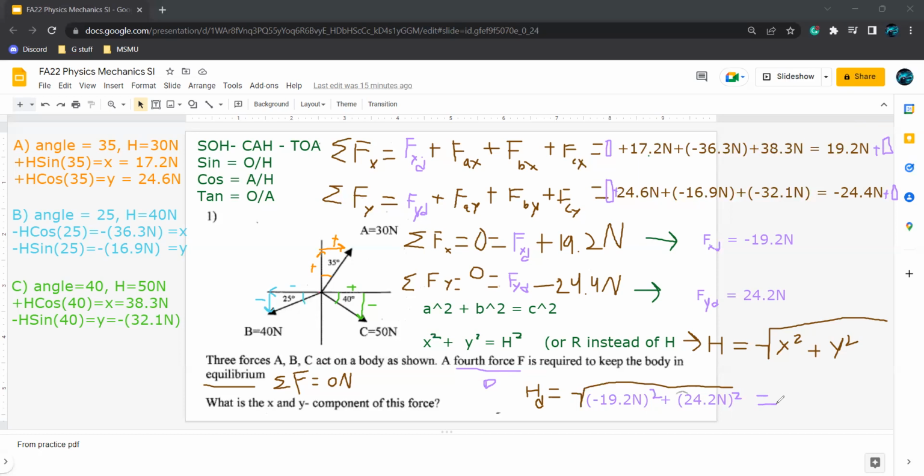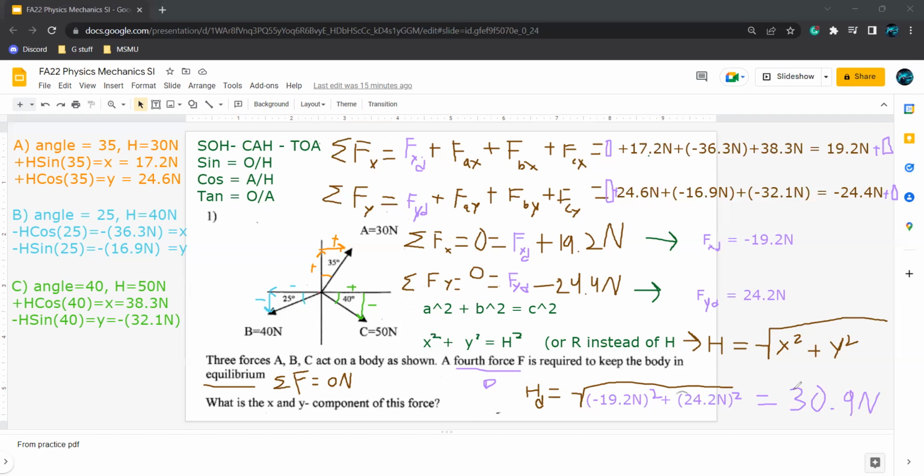Plus, which equals 30.9 newtons. And then I think that's already past what it asked, because it just asked for the x and y components of this force. But it's also good just to know how to take the resultant vector.